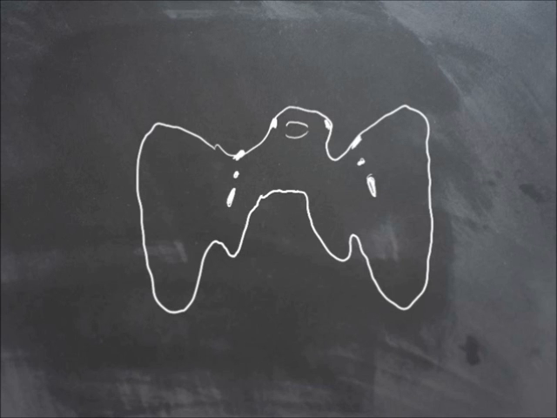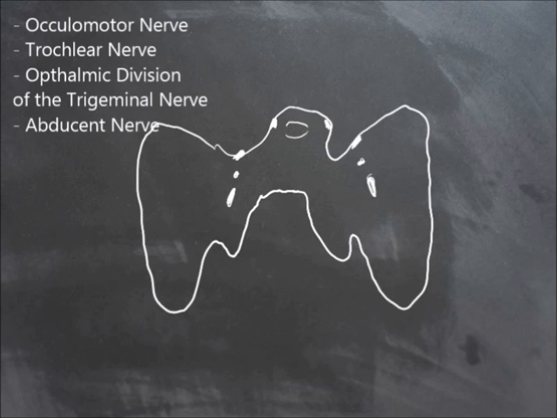So let's quickly go over what we've learnt so far. We've got the orbital canal for the optic nerve. We have the superior orbital fissure, and that contains the oculomotor nerve, the trochlear nerve, the ophthalmic division of the trigeminal, and the abducent nerve.